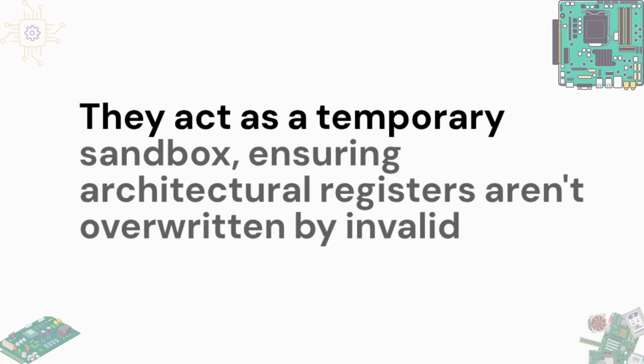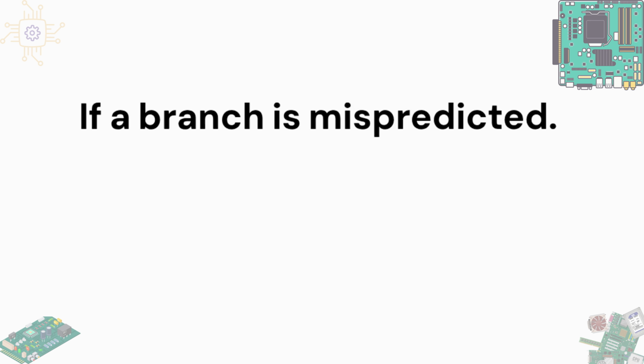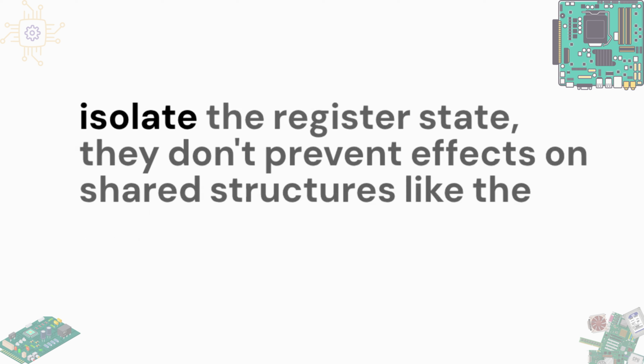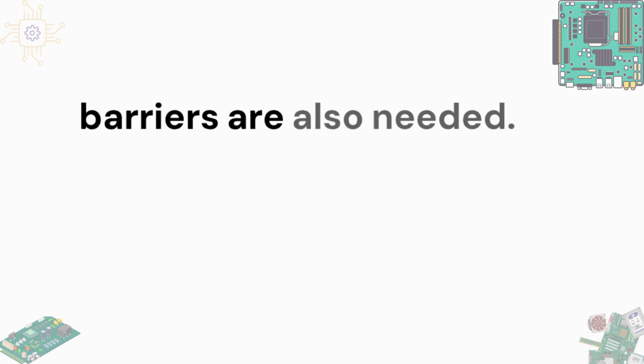They act as a temporary sandbox, ensuring architectural registers aren't overwritten by invalid speculation, and they help ensure speculative results are fully rolled back if a branch is mispredicted. However, shadow copies alone don't prevent side-channel leakage, because while they isolate the register state, they don't prevent effects on shared structures like the cache. This is why additional mitigations like buffer flushing, constant-time programming, or speculative barriers are also needed.